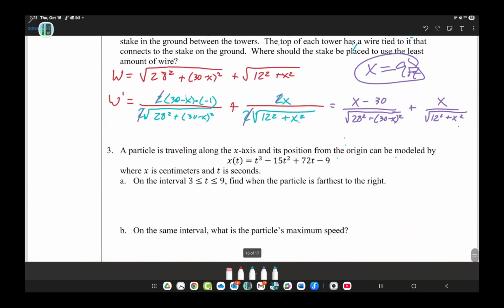So I don't know how they want you to phrase that in this case. So you could say the stake should be 9 feet from the shorter tower.